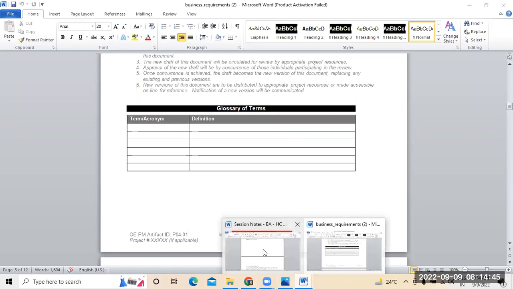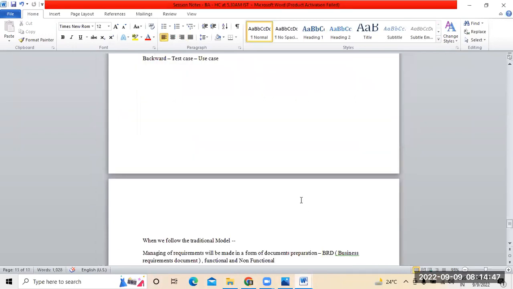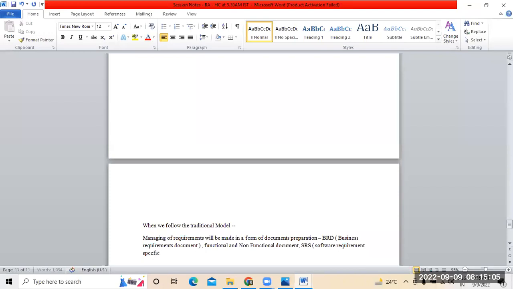Now, after that, the functional and non-functional requirements document, followed by SRS. SRS stands for Software Requirement Specification. So, one, business requirements document.